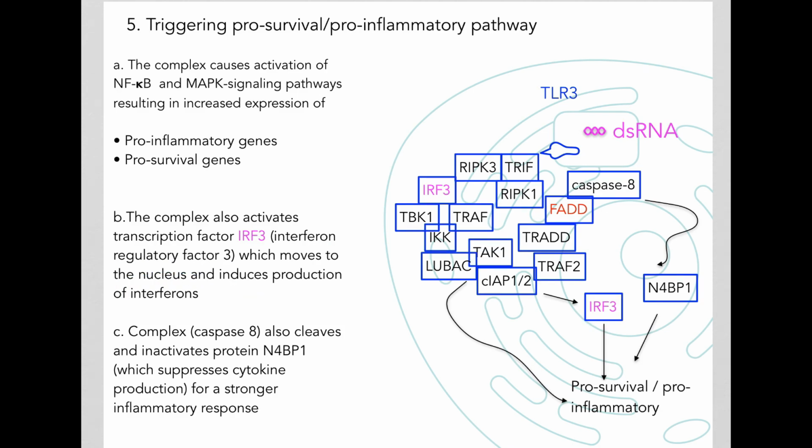Now, the caspase 8 in this complex cleaves and inactivates this protein called N4BP1. This is a protein that suppresses cytokine production. So by cleaving this protein, that provides for a stronger inflammatory response by this innate immune cell.